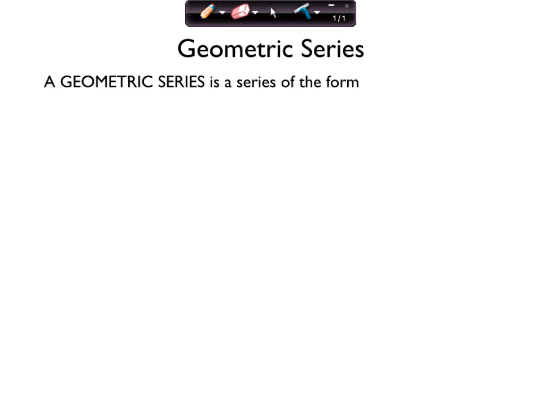So what form would a geometric series have? Remember what a geometric sequence was? r to the j, okay? So that was our basic geometric sequence. So a geometric series has a little more to it.